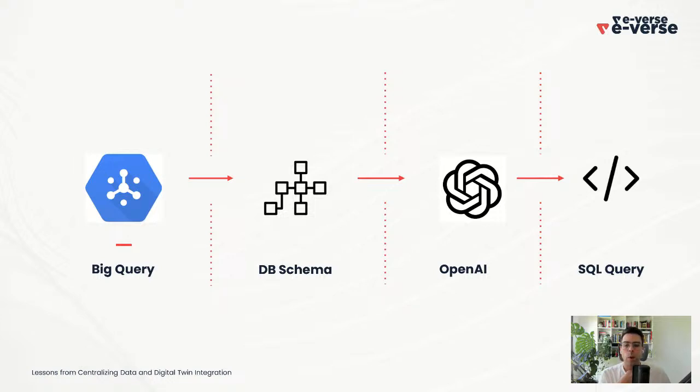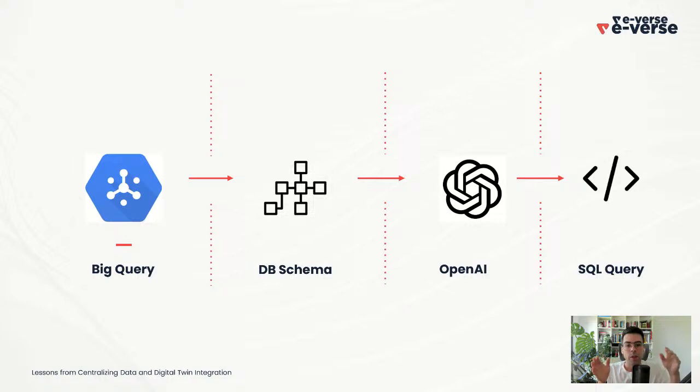So basically, on BigQuery we use a database schema, and what we did is we told OpenAI, "Hey, this is a schema. This is the structure of the data warehouse, which is really small." And then we could tell OpenAI, you know what? If you want to get specific data, give us a query, a piece of code that we can re-inject into our data warehouse, and then only use that data.